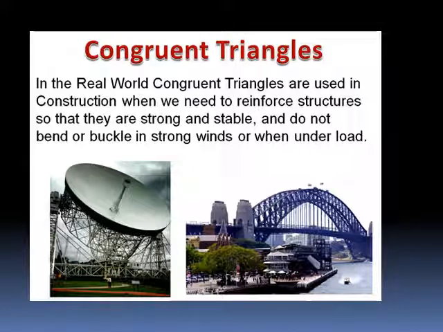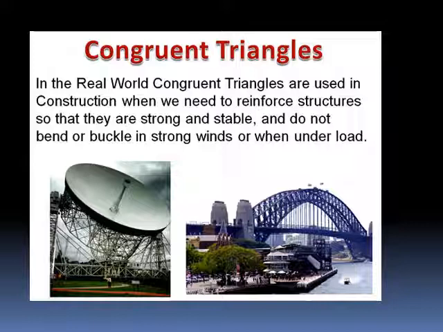Now if you look at this figure, you will see the real life application of congruent triangles. Even though we have seen a satellite so many times, we have never observed that the stand on which the satellite is stable and strong has many congruent triangles.